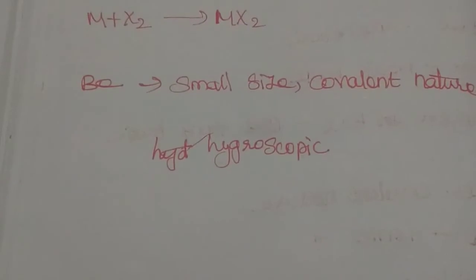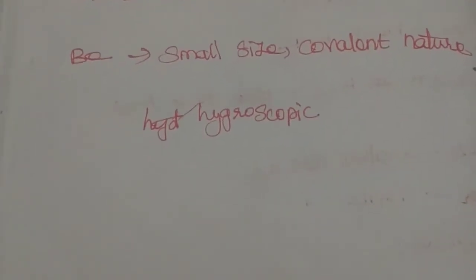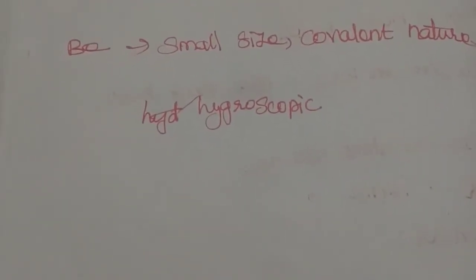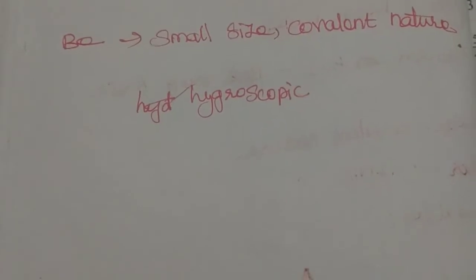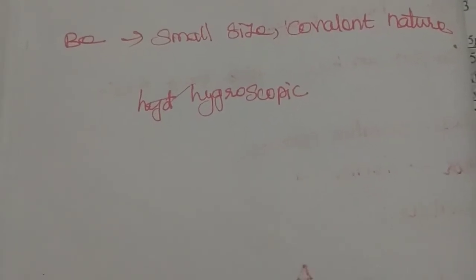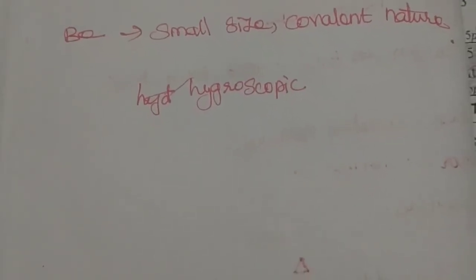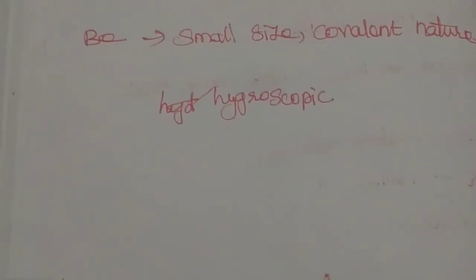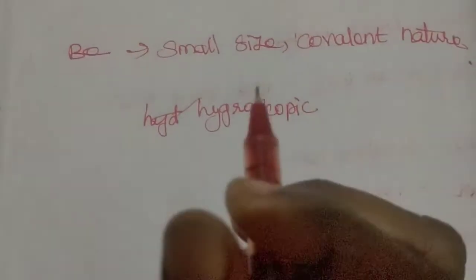So the halide of beryllium has a different structure. For example, beryllium chloride has a chain structure in the solid state. So what is the chain structure here?